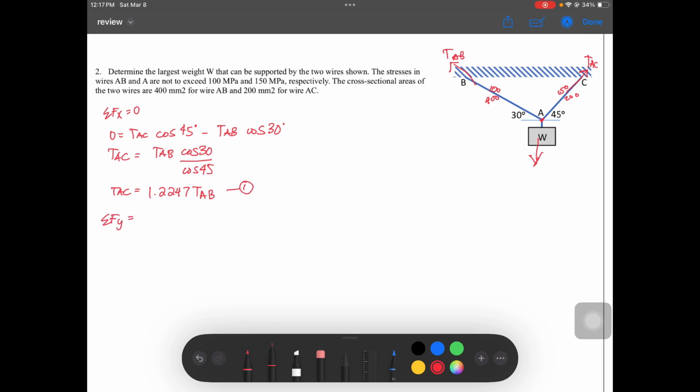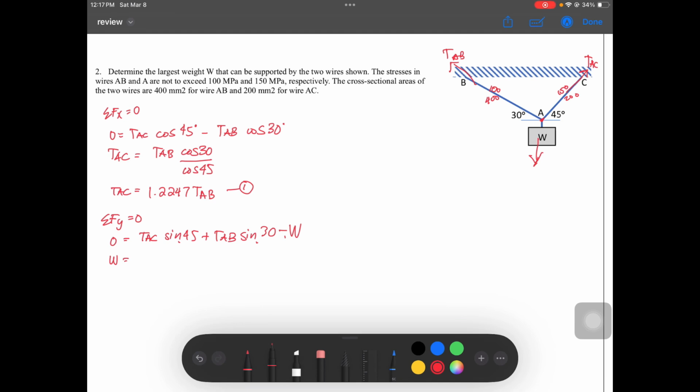So, summation na tayo ng forces sa Y. So, equal to 0. Upward si TAC, so positive sine 45. And then, positive din si TAB, so sine 30. Negative si W. So, wala nang naiwang force. So, ilipat natin sa other side ng equation si W. And then, gawin ko numerical coefficient yung dalawa para mas simple lang siyang tingnan.